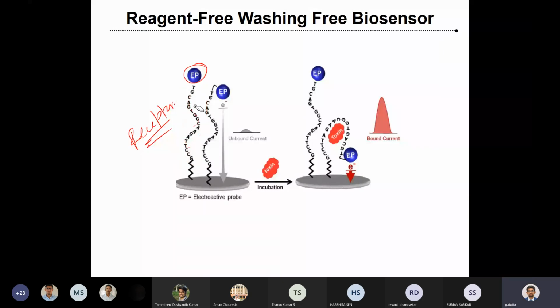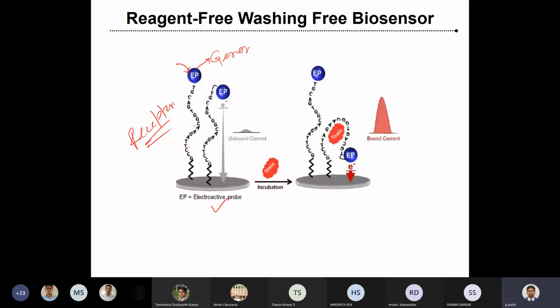At one end we can conjugate one EP. EP means electroactive probe. What is the electroactive probe? It is like the ruthenium or the methylene blue that I taught you, right? They will generate the signal.